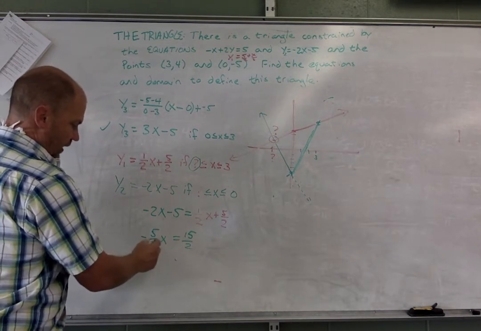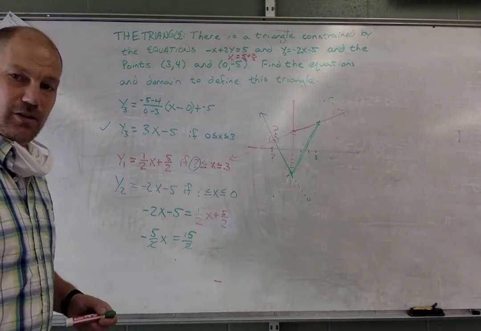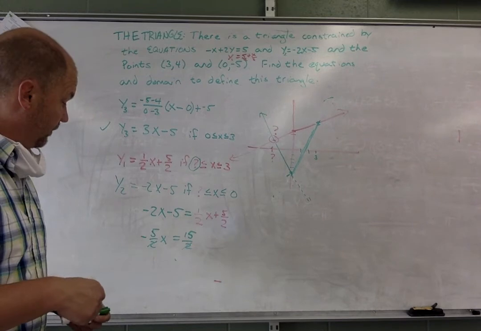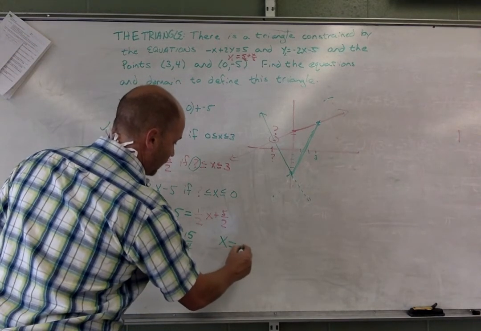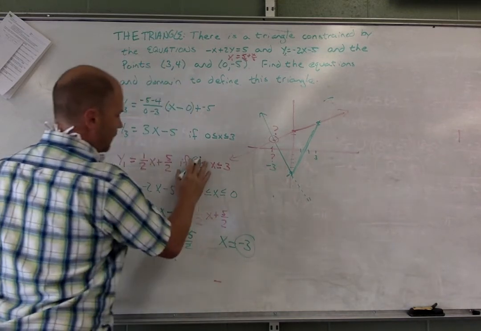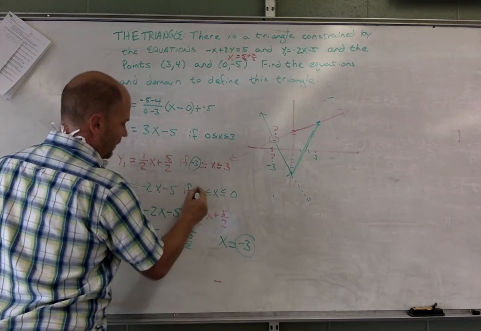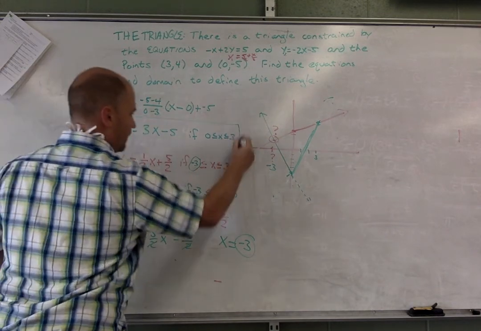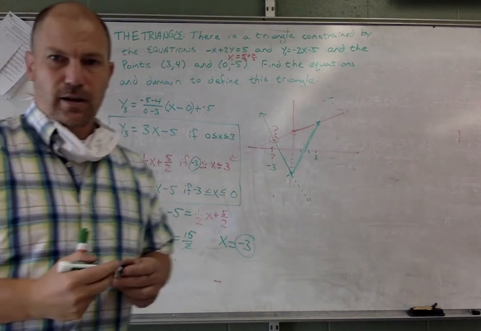They're both being divided by 2, so I'll multiply by 2, and then divide by negative 5, so I get x equals negative 3. So I just found out that this is negative 3. So really, I care about this from here to here, and so these are my answers.